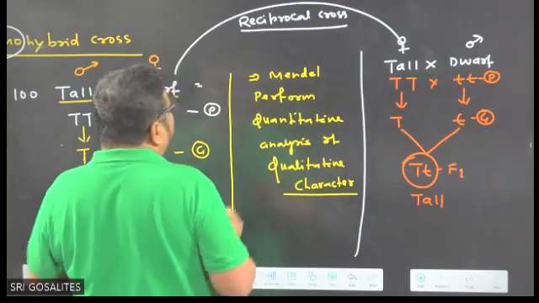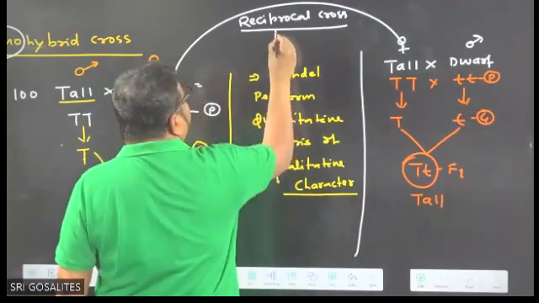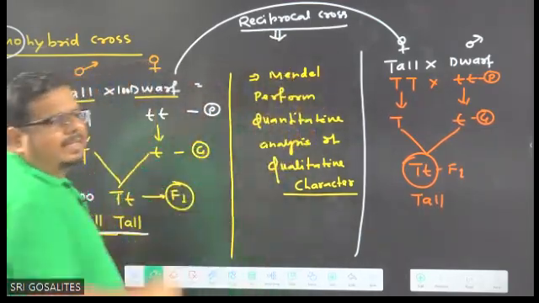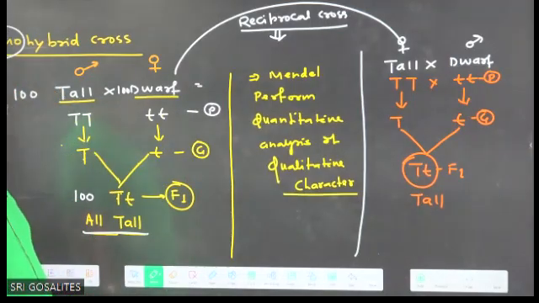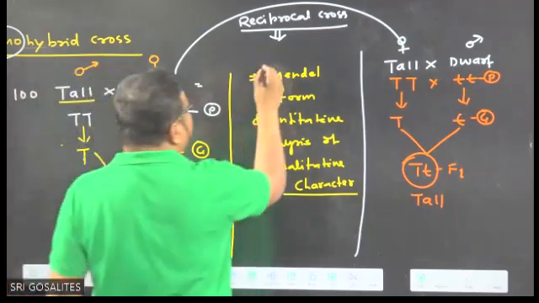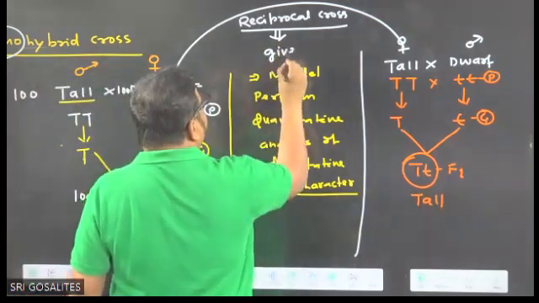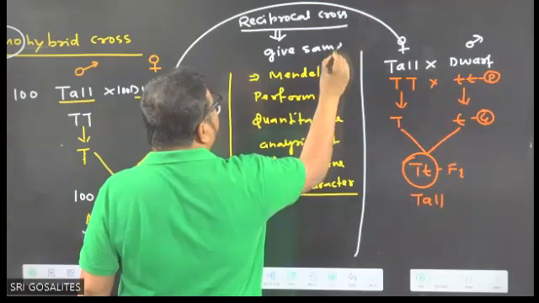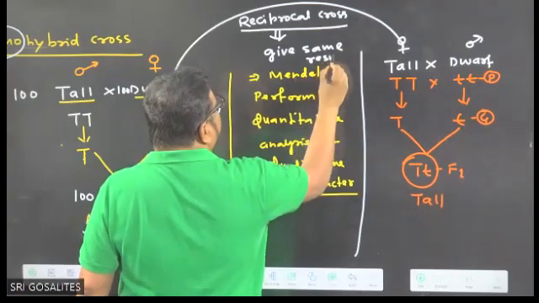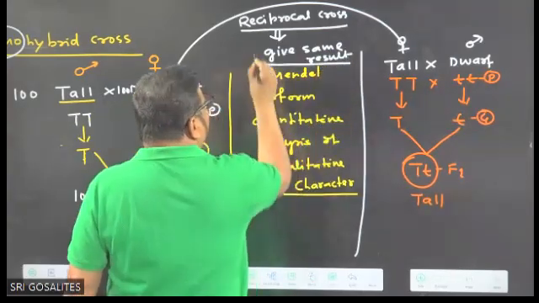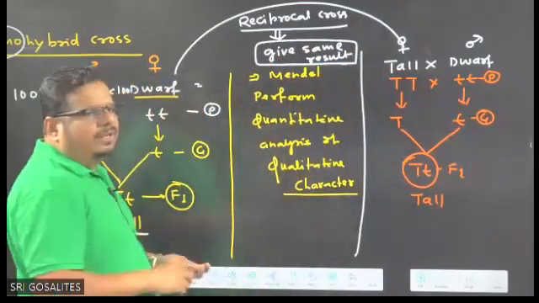So what do we conclude? Does a reciprocal cross give the same result or a different result? Hurry up. Reciprocal cross gives the same result. Same result. Getting the things? So now make a thumb rule in your mind.